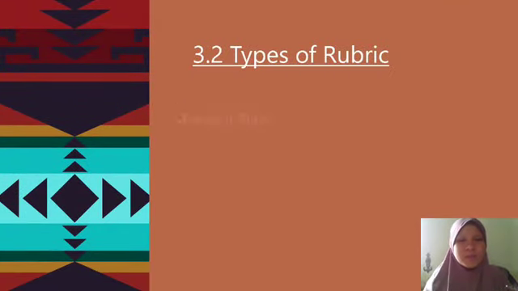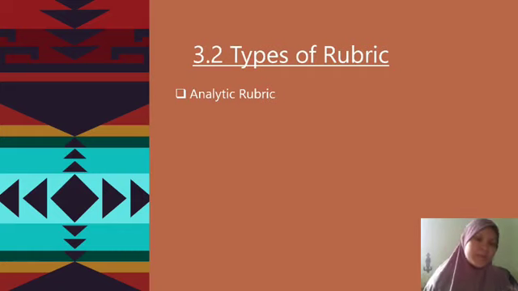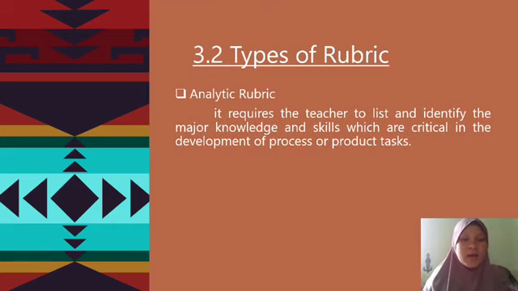So there are types of rubrics. Analytic rubrics are the first type. Analytic rubrics require the teacher to list and identify the major knowledge and skills which are critical in the development of the process or product task.